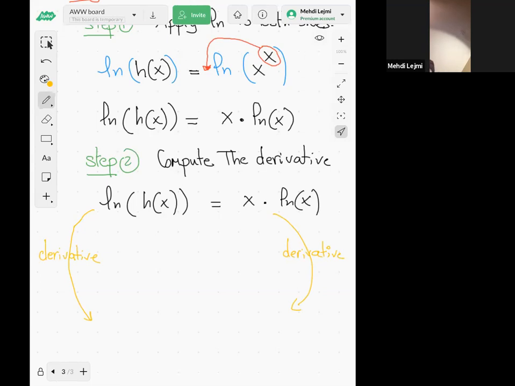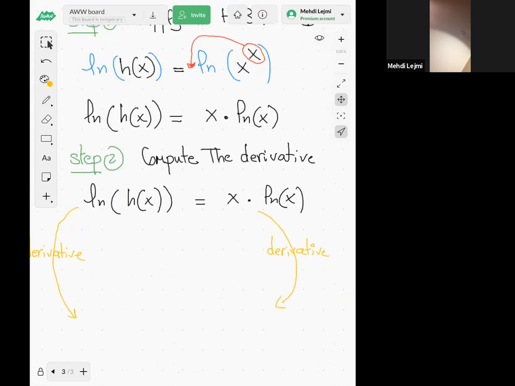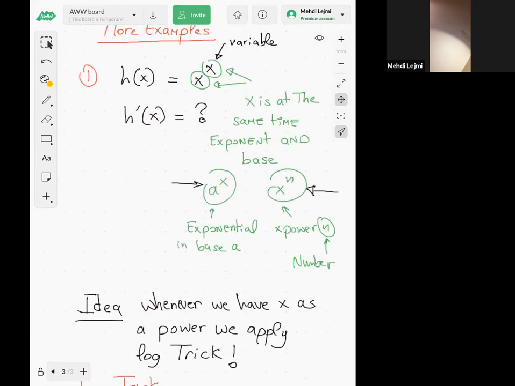Any guess? Derivative of natural log of h of x? Well, Adrian, you're almost correct. Remember, yes, Elias, it's h prime of x over h of x. Yes, very good.